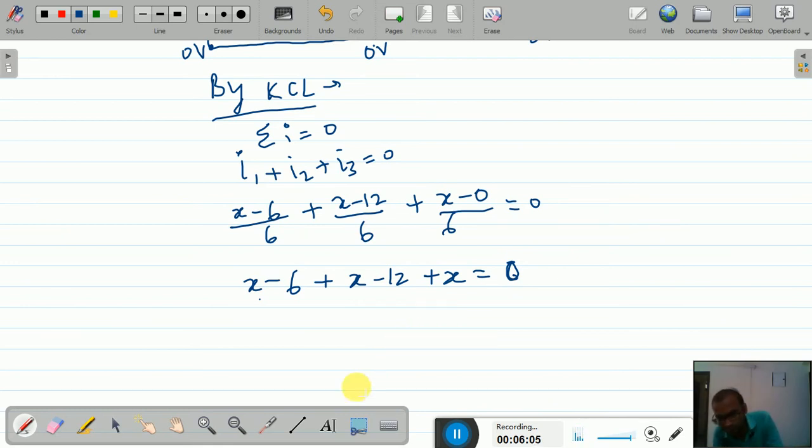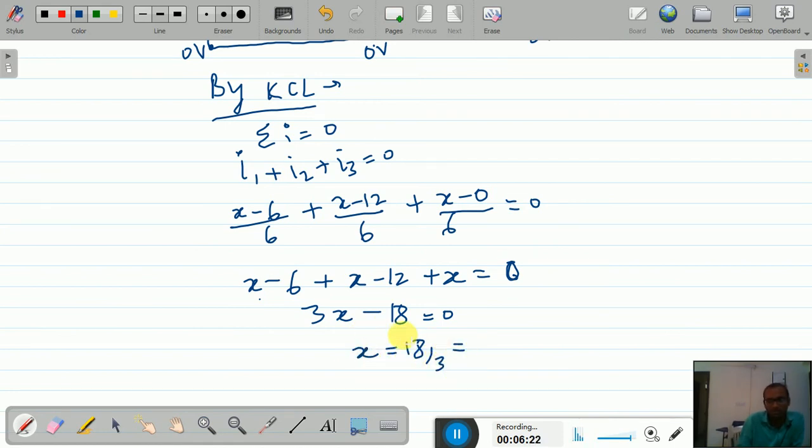That will not be 0. So now you can write this as 3x minus 18 equal to 0, means x equals 18 by 3, means we get 6 volt.